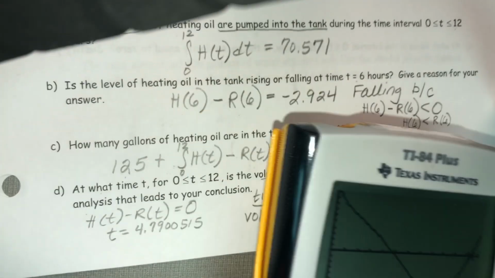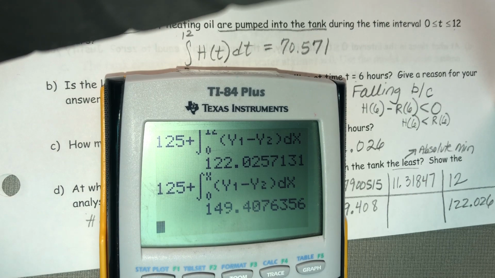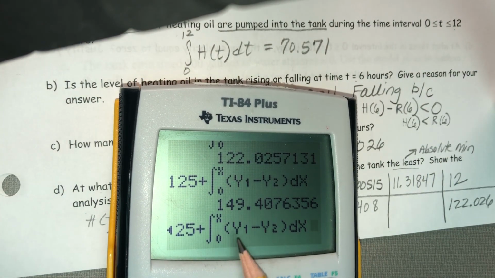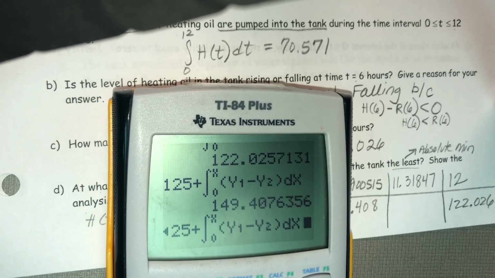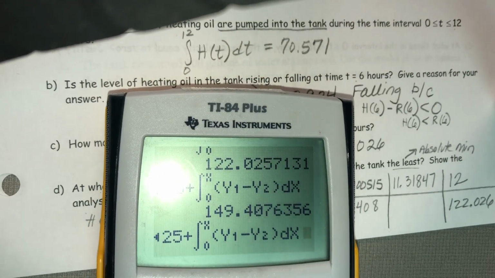And now I need to compute the volume at that time. So I'm going to go second quit, and I'm going to press second and then the enter button down here at the bottom, which pulls up the exact same thing that I just had. And guess what? I don't even need to change anything because this x value is now stored to be the more recent x-intercept that I used my calculator to compute.